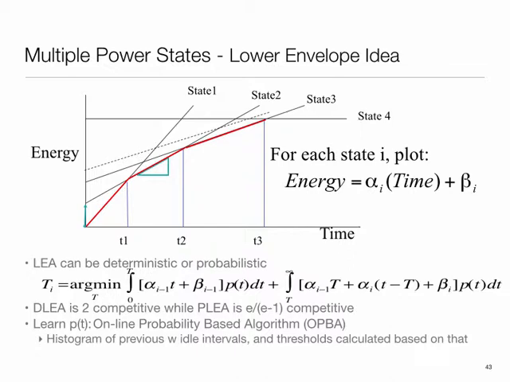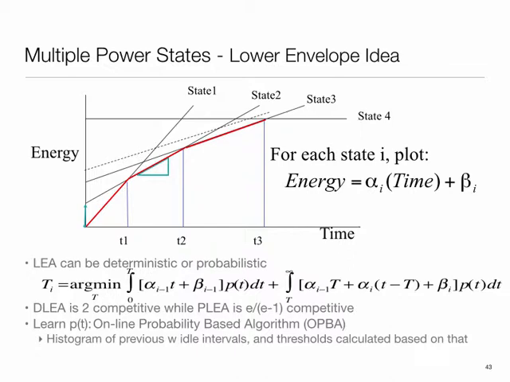So intuitively you can plot all of these things. In some sense it's saying if my idle time is less than T1, then I'm better off sticking with state 1. If it is going to be more, then I'll transition out here and transition out here. So in these systems, usually there are multiple thresholds, and as those thresholds are crossed, you go deeper and deeper into the sleep mode.